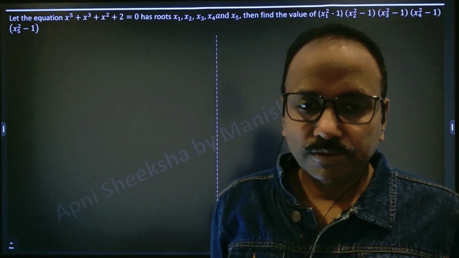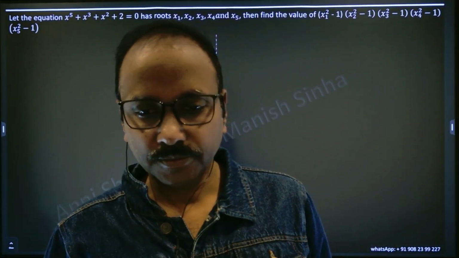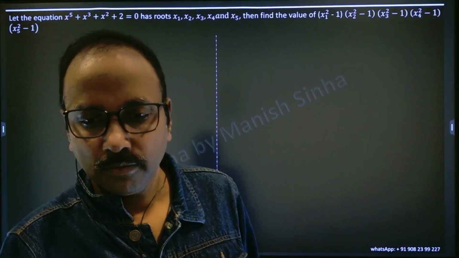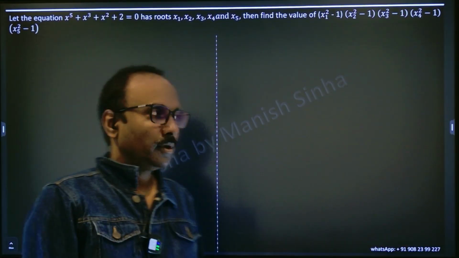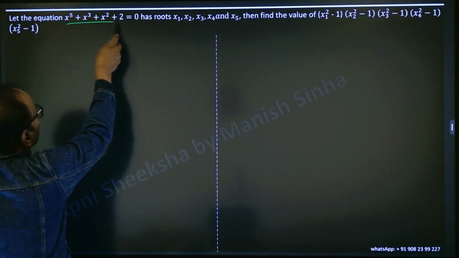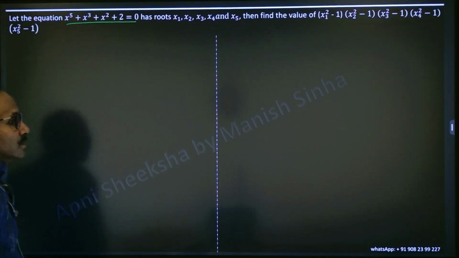Now we will solve this question. So have a look at this. The equation is a polynomial equation, right?